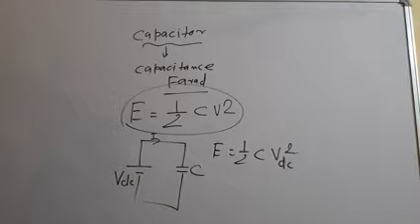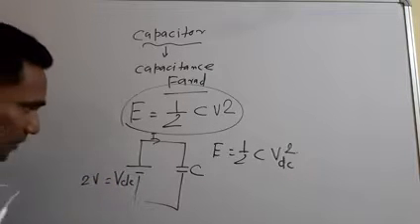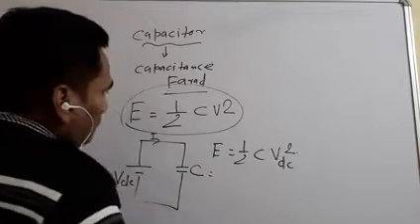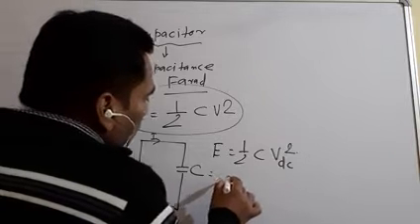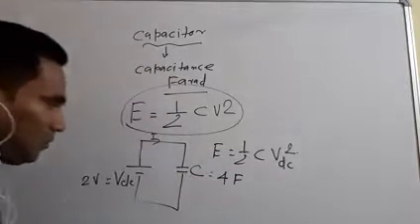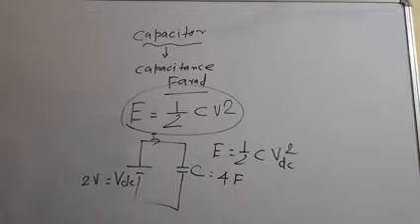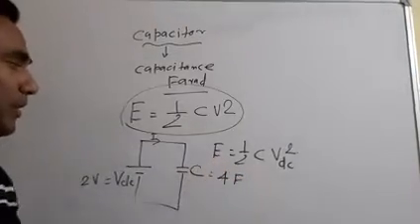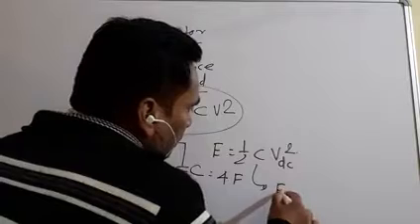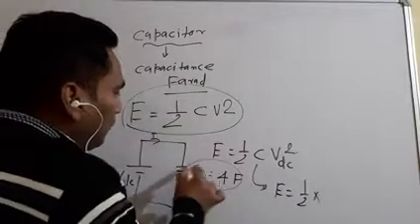Again, if we take numerical values, for example 2 volt is here and the value of the capacitor is, let us say, 4 farad. Okay, then if anyone asks me what is the energy stored in this capacitor in a static form, we can write like this: half, what is the value of C? 4 farad.